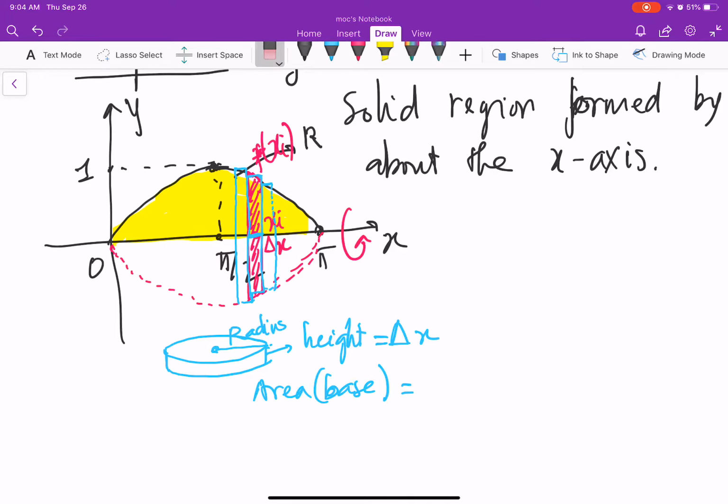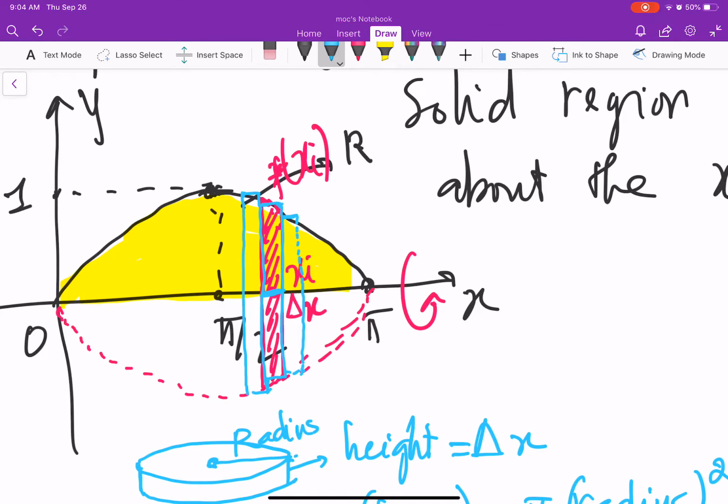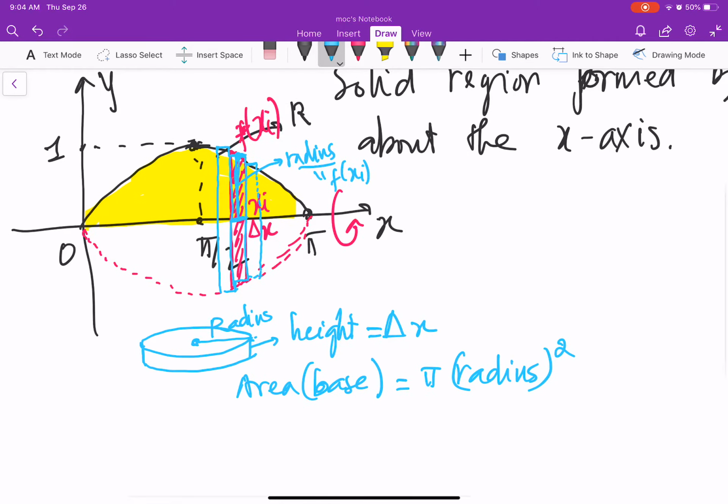What is the radius in this situation? So see, here's the radius. Since this is the disk and the radius is the function value, this is the radius. So this radius equals f of xi. So the area of the base is equal to pi f of xi square.